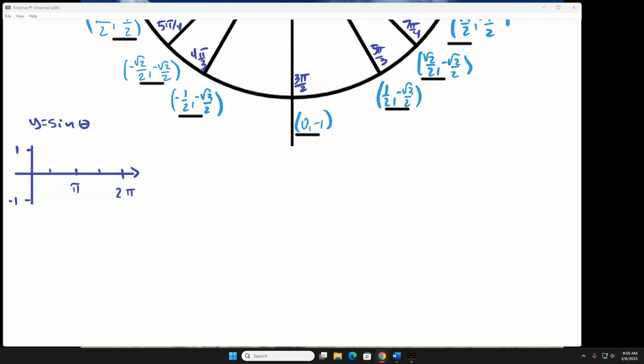And then sine starts at the middle, up to a max, middle, min, middle. The positive sine will do that. All right, so that's the basic shape of sine.